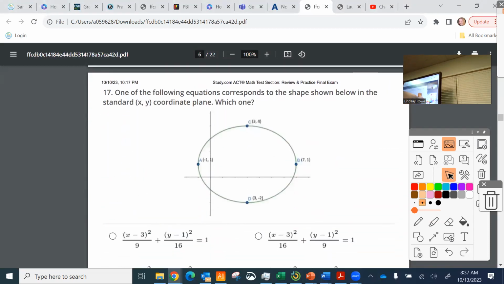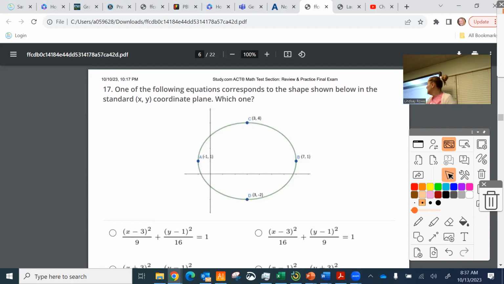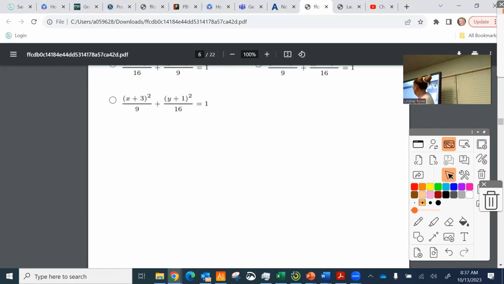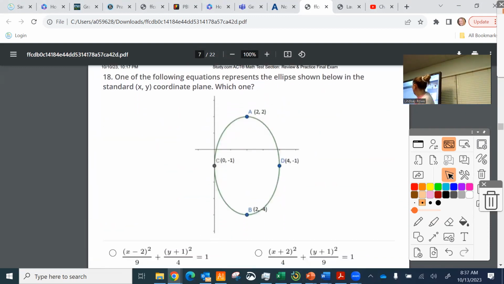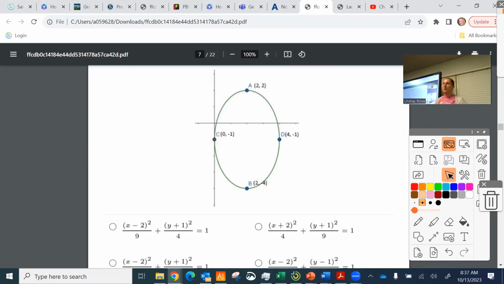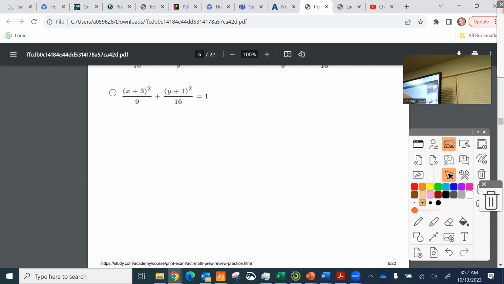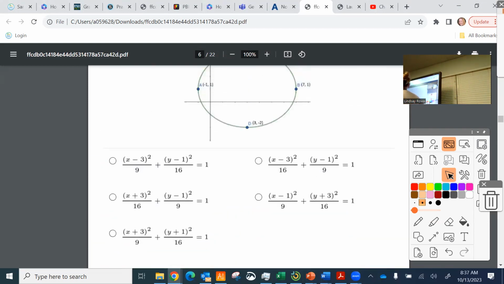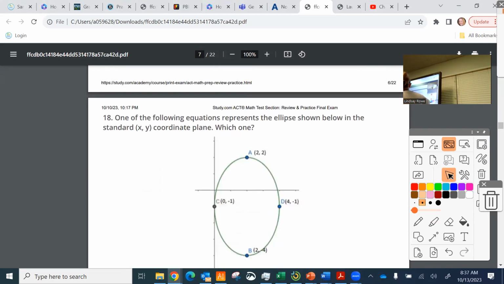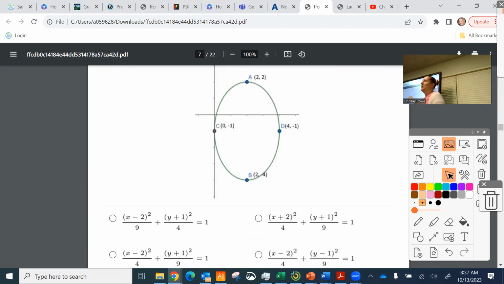But now's not the time to learn it. Remember what we said about 17 and 18? Okay, these are equations of ellipses. You have not learned this. You are not supposed to know it. This used to be covered in pre-calculus. It's not anymore, I have been told. But you don't need to know it.